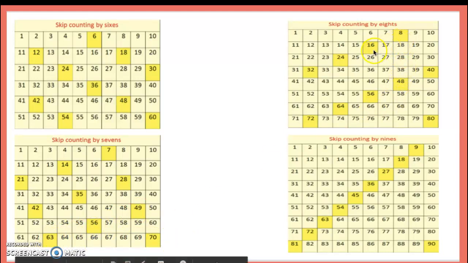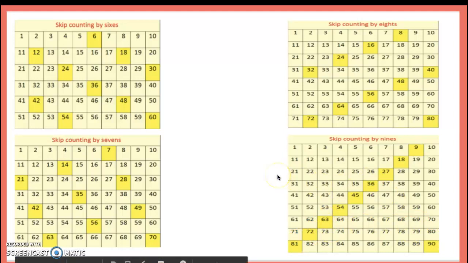Now 8s: 8, 16, 24, 32, 40, 48, 56, 64, 72, and 80. And now we're going to count by 9s to 90. 9, 18, 27, 36, 45, 54, 63, 72, 81, and 90.